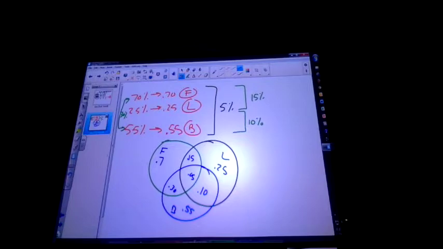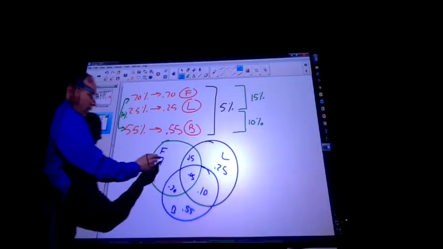Okay? I want to take a look at something and make sure we get this right. We said 70% liked football. Of that 70%, 15% also liked lacrosse, 30% also liked basketball, and 5% liked all 3.